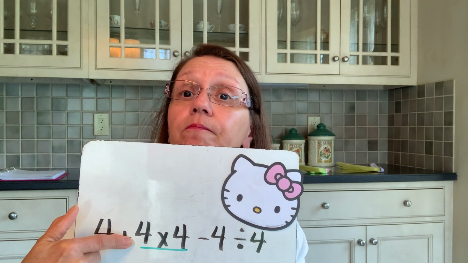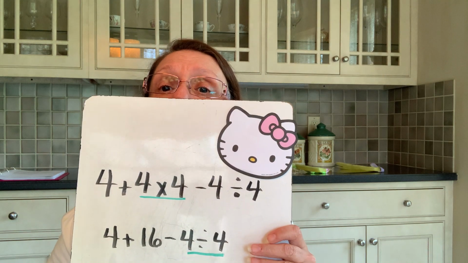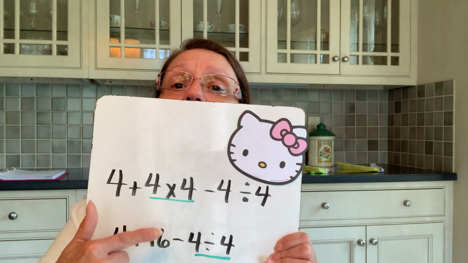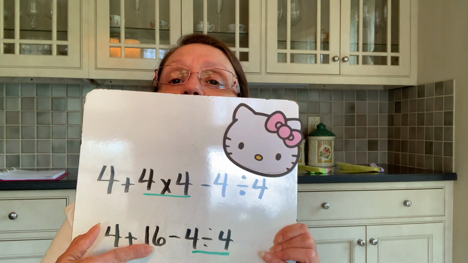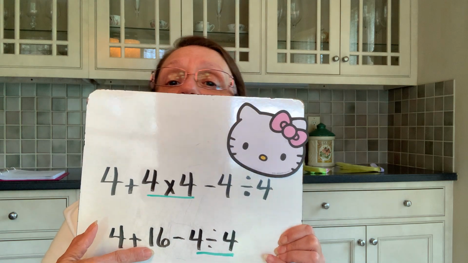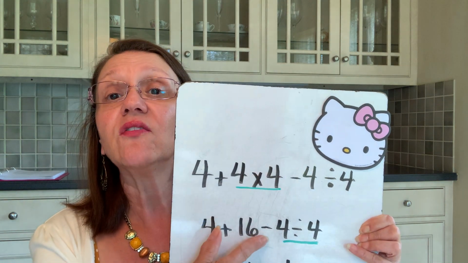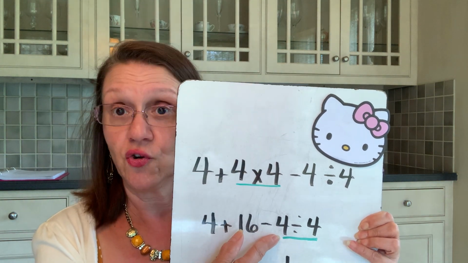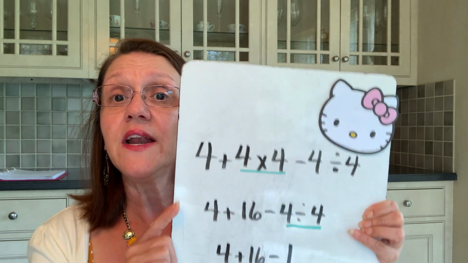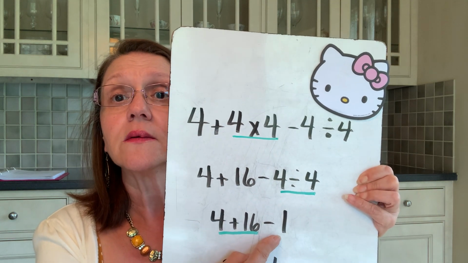I underlined it. Then, in your next line, you do that thing right there. You do one thing per line. Trust me. One thing per line. So once you've done that one thing, you look for the next thing. I have a division. I underline that. In my next line, I do that one thing.